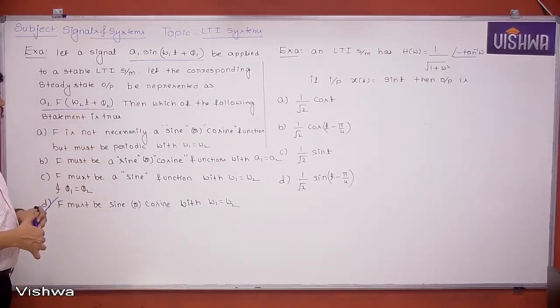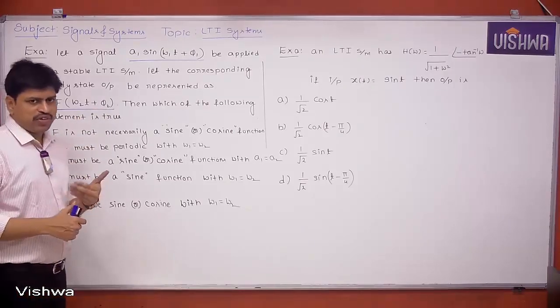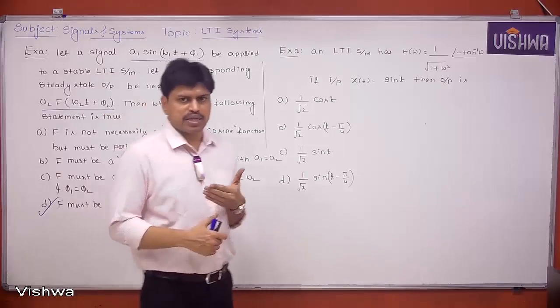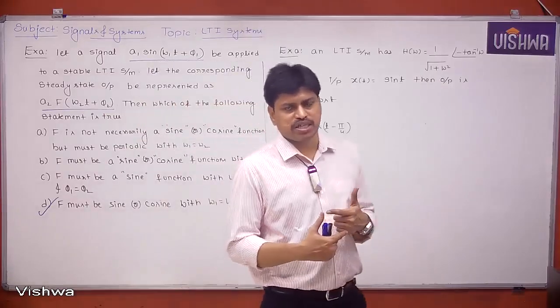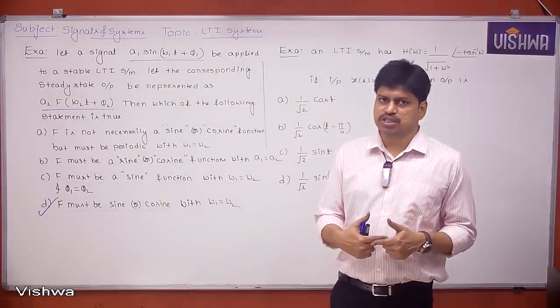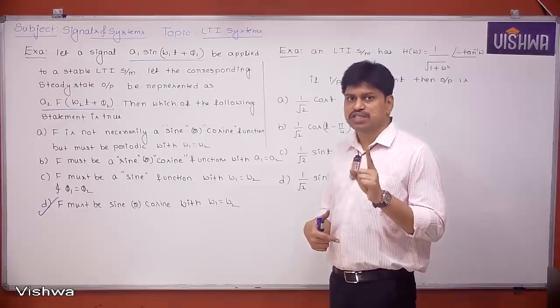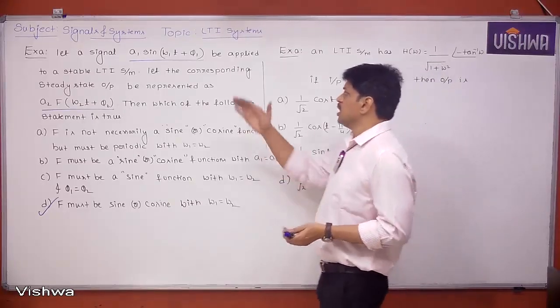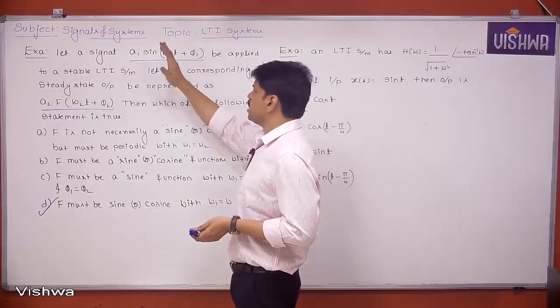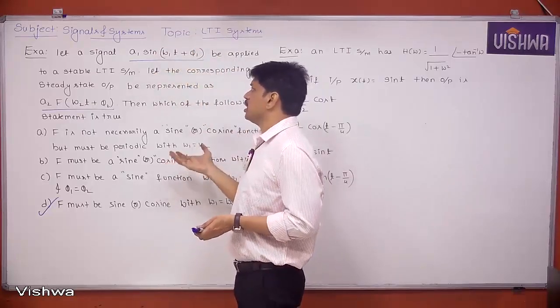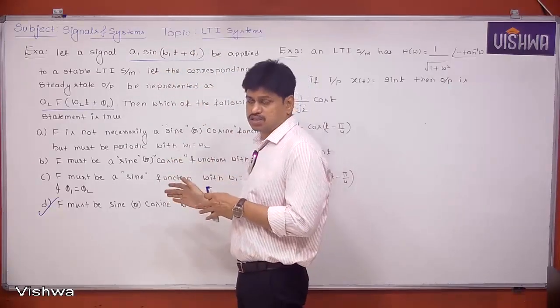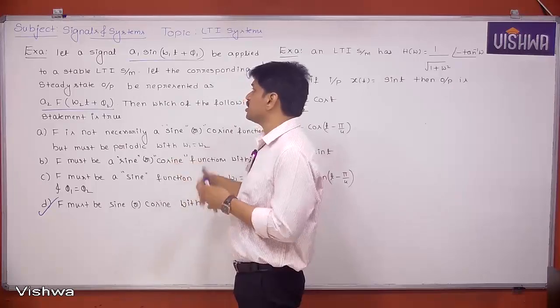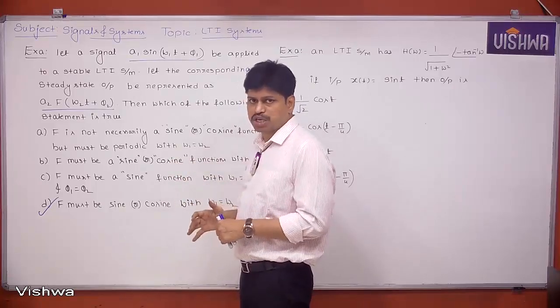Whenever the input is a sinusoid, definitely its amplitude may change or its phase may change, but its frequency has to be the same. If its phase is changing, sine may be converted into cos, but the output can never be anything other than sine or cos. I hope you understood what I am trying to say.